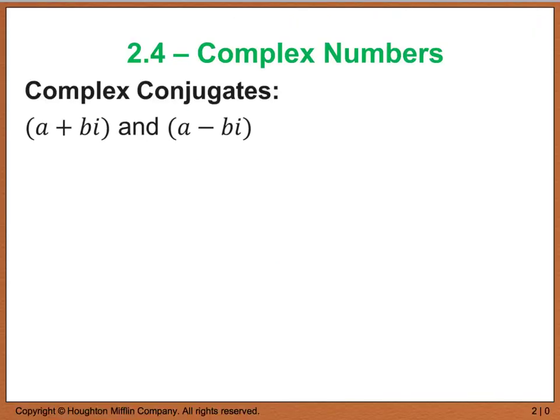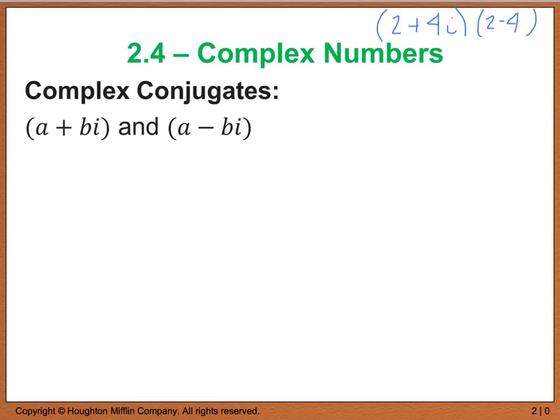Now back on the previous example, if you remember what part C said, part C gave us that we had 2 plus 4i times 2 minus 4i. These are what we call complex conjugates. And they're called complex conjugates because your real terms are the same. Both of them have a 2. The imaginary pieces are the same with the 4i.